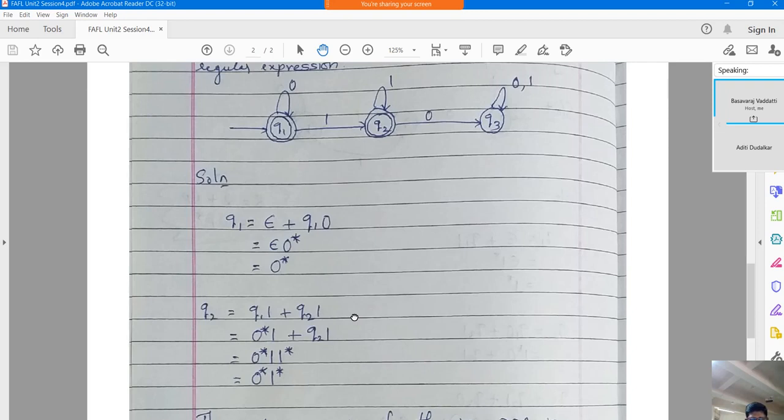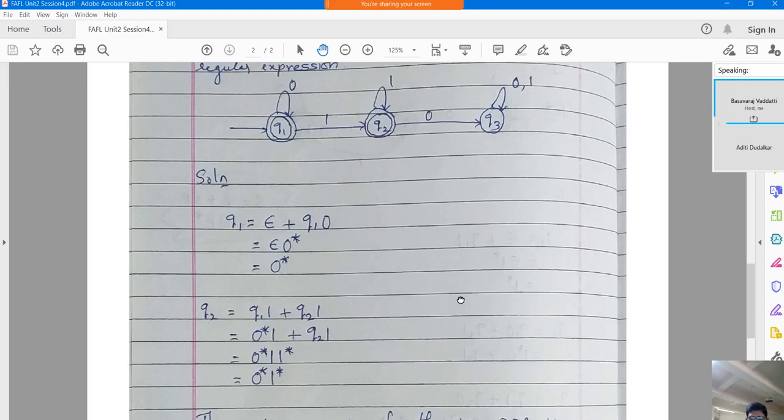Q1 on 1 is replaced by 0 star 1 plus Q2 1. So Q2 equals 0 star 1 plus Q2 1.